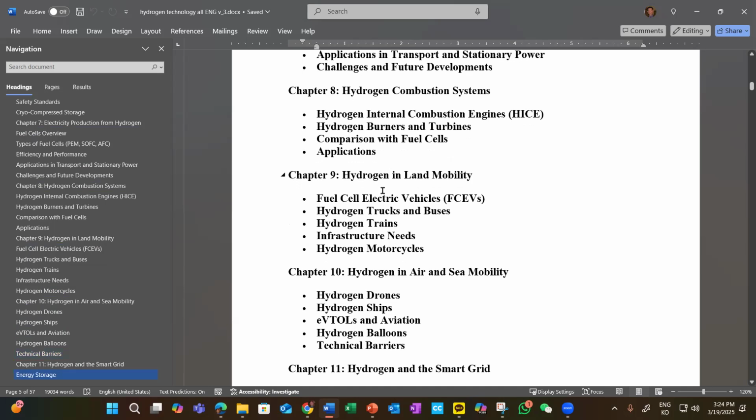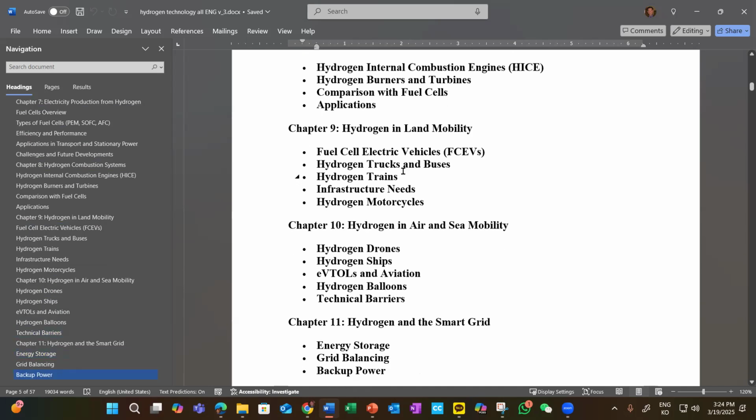And then hydrogen in land mobility. Now hydrogen can be used as an electricity source in fuel cell electric vehicles, like the Nexo and the Mirai in Korea and Japan.